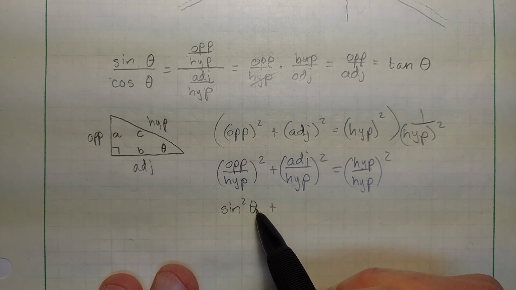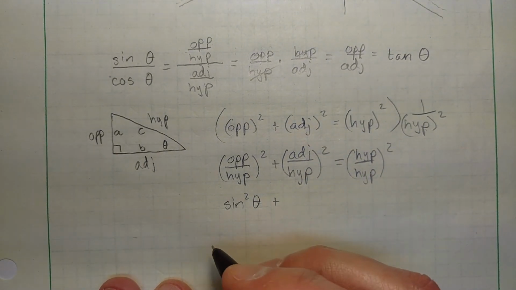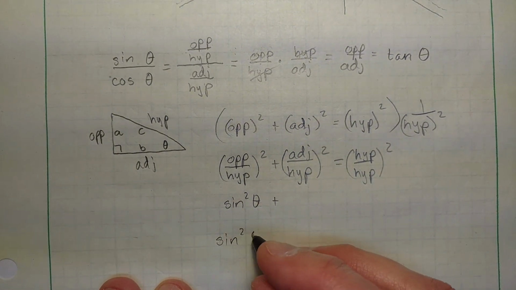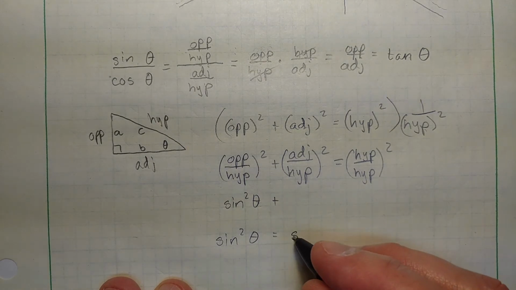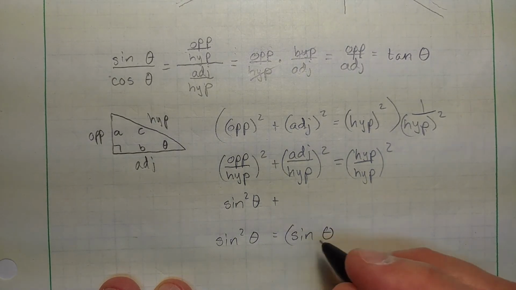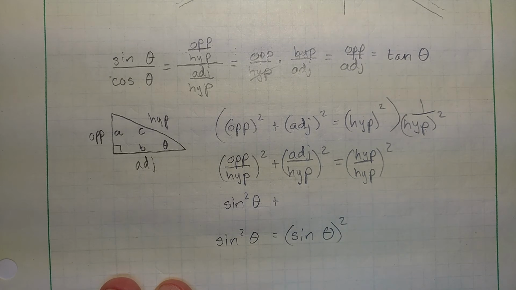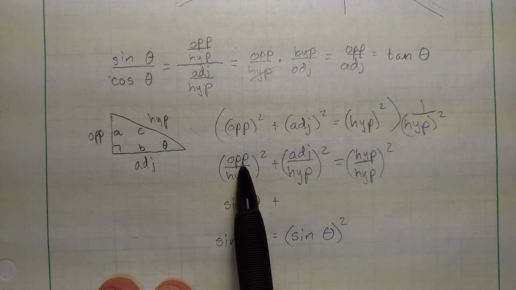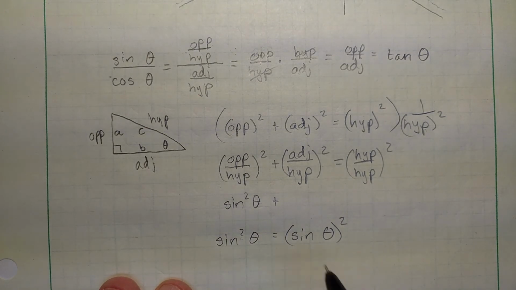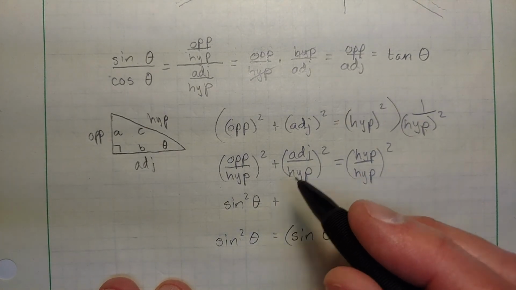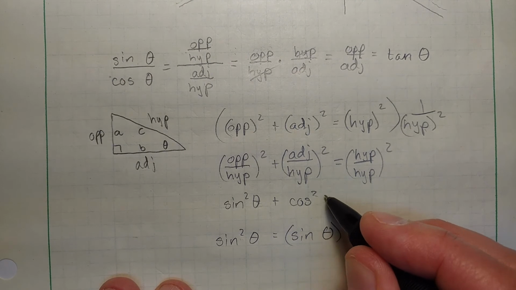So that's just going to be the sine squared of theta plus the cosine squared of theta. In notation, sine squared of theta is equal to the entire sine of theta, squared. So that's what this notation means. It's like saying the sine of theta squared, and likewise we say cosine squared theta.